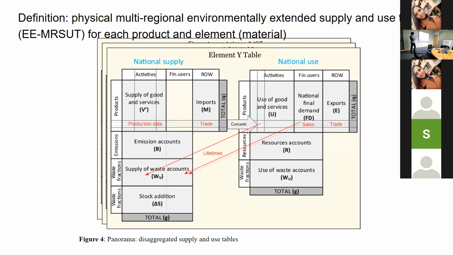So how the environmentally extended input-output table looks in practice. The input-output table is just a small corner. Then you have, and actually it duplicates in two tables, one, the supply of products, and the other, the use of products.